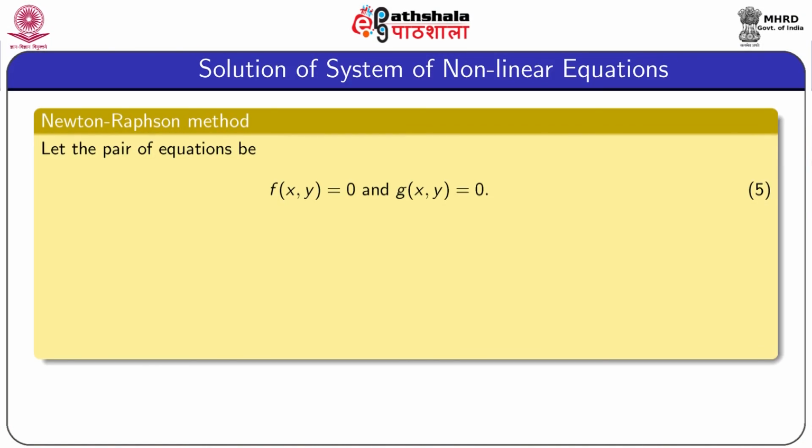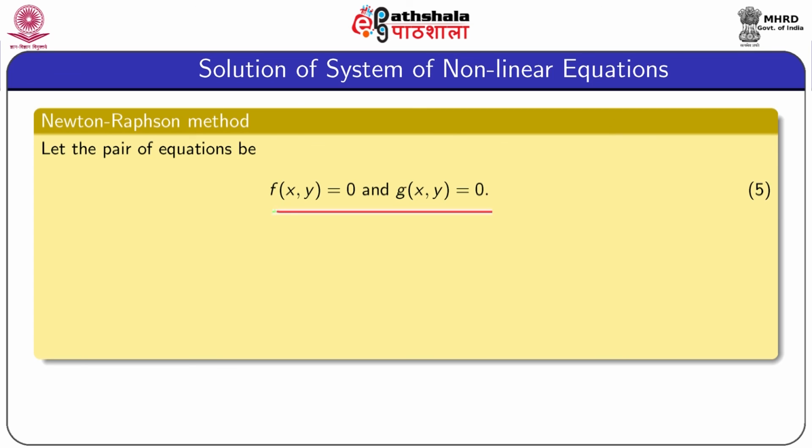But the main drawback of these methods is to find the functions phi and psi starting from the equations f(x, y) equal to 0 and g(x, y) equal to 0. Now, we describe another method called the Newton-Raphson method. This method is free from finding such phi and psi, but the Newton-Raphson method takes the partial derivatives of the functions f and g. Now, we describe the Newton-Raphson method to find a root of a pair of nonlinear equations.